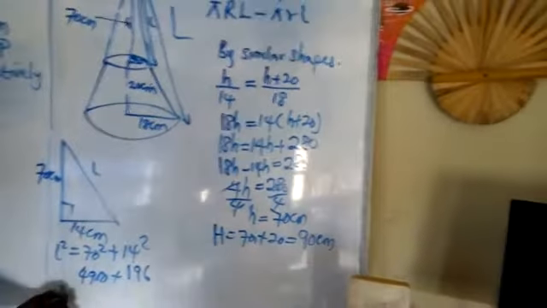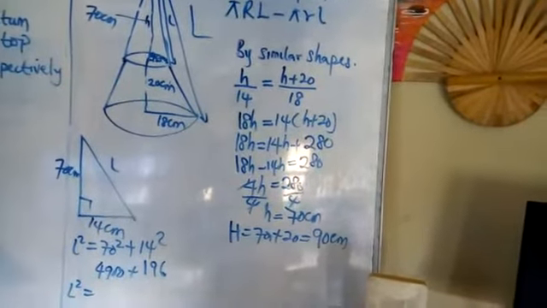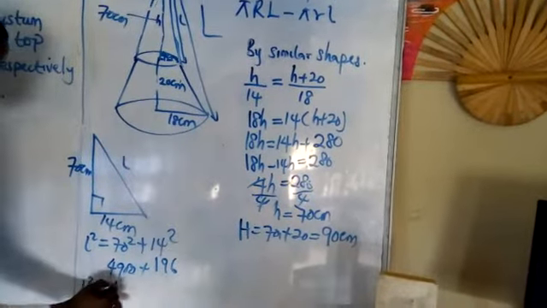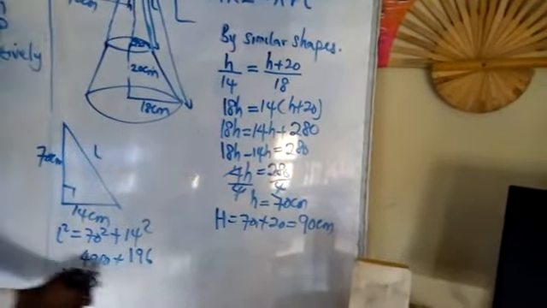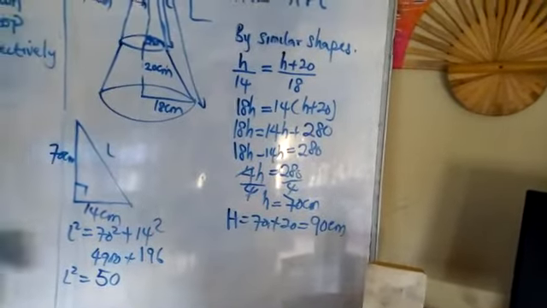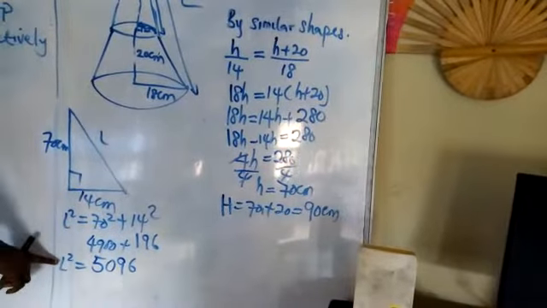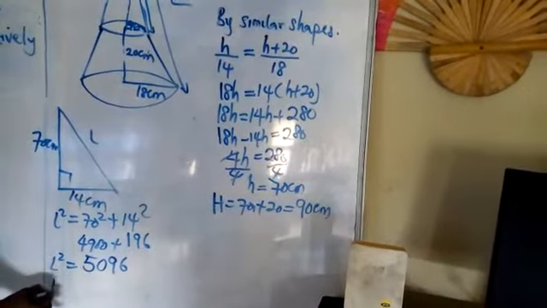So l squared becomes 4,900 plus 196, which gives us 5,096. In order to remove the square, you take the square root.